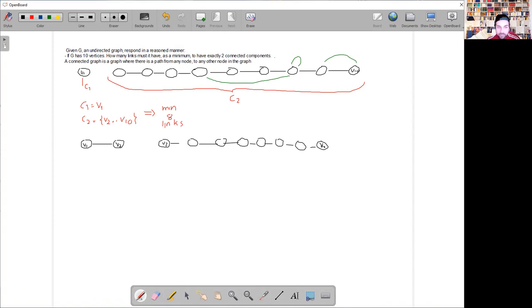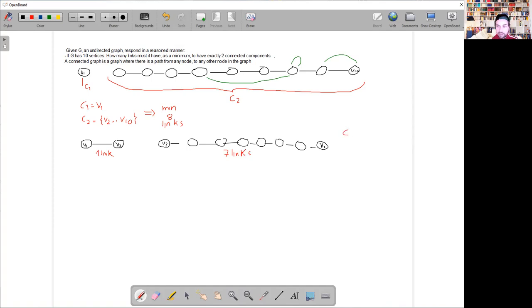So here I have one link here, sorry. And 7 links on the other connected component.